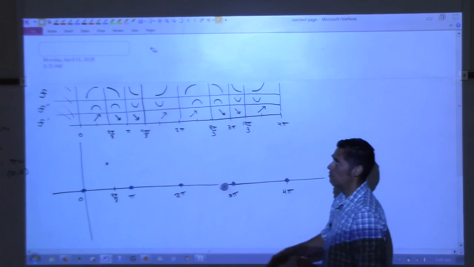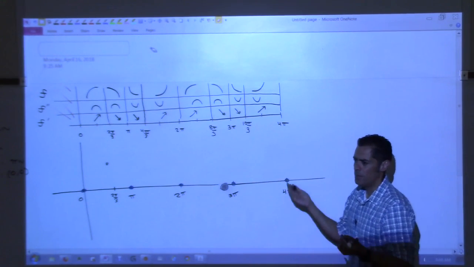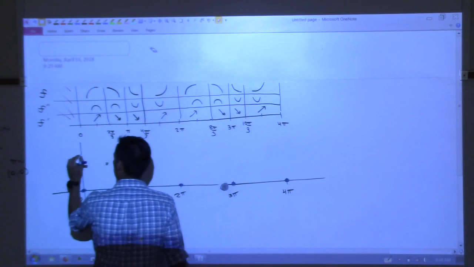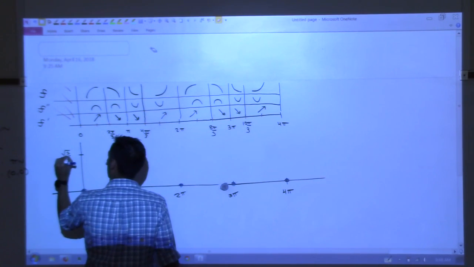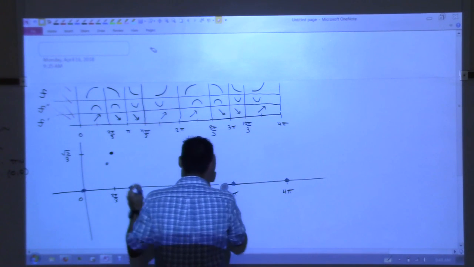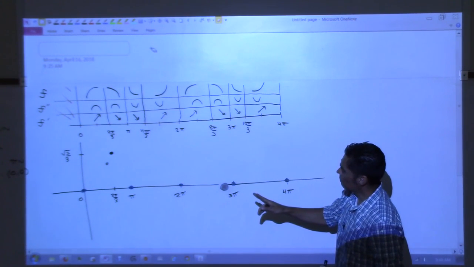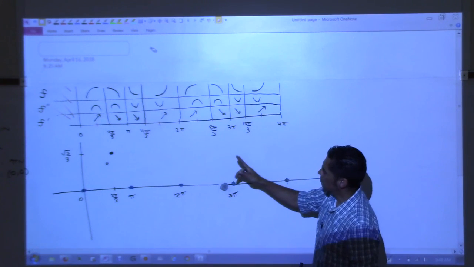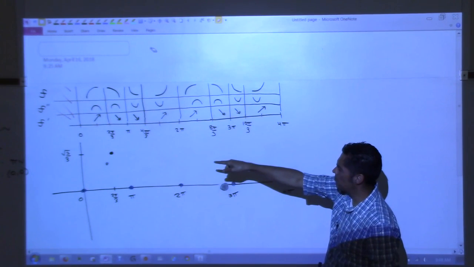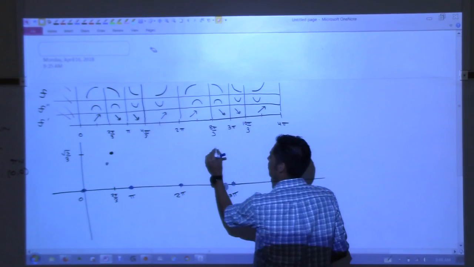How high was I, or low? Wasn't it root 3 over 3? Which is some number, right? I'm just going to put it here. This right here is root 3 over 3. That's how high that is. I'm going to put a point there. That's going to happen there. Where else? Where else am I going to have that same height? Every 4 pi. At this one, right? At the 8 pi over 3 is the next one.